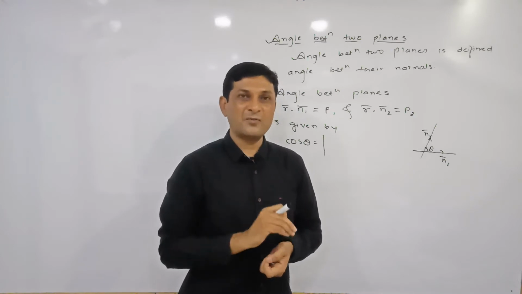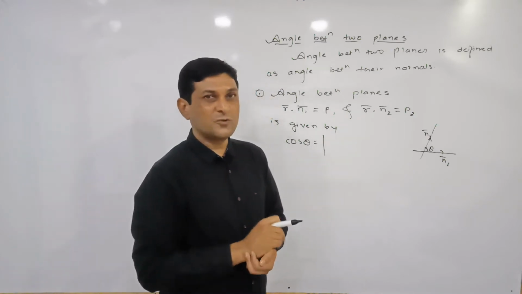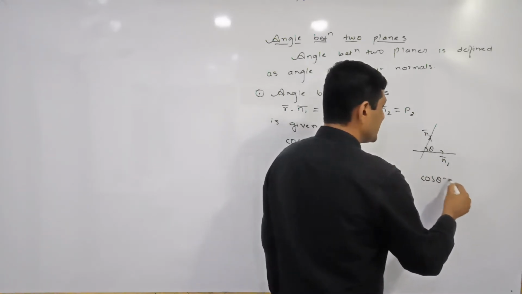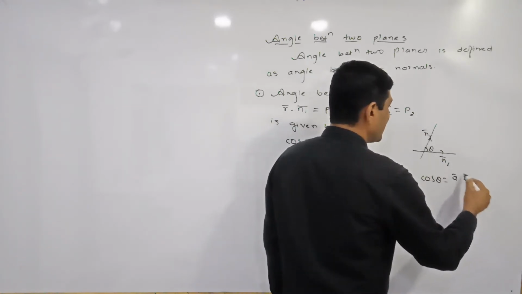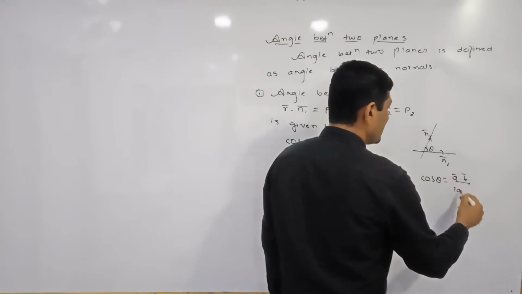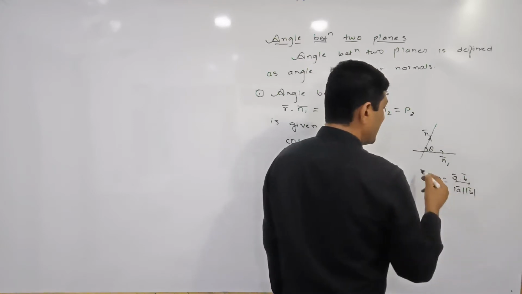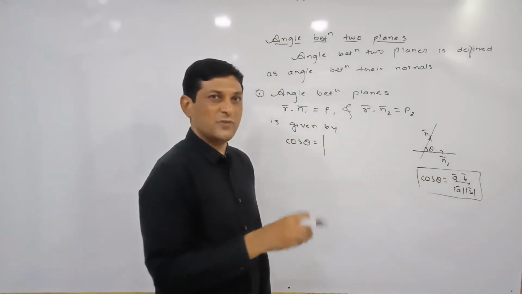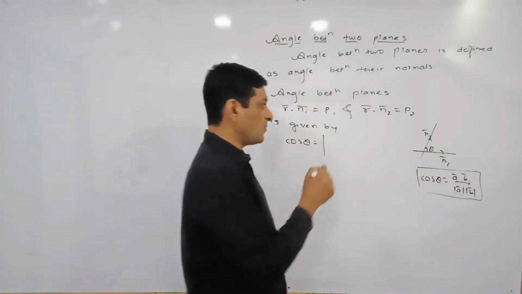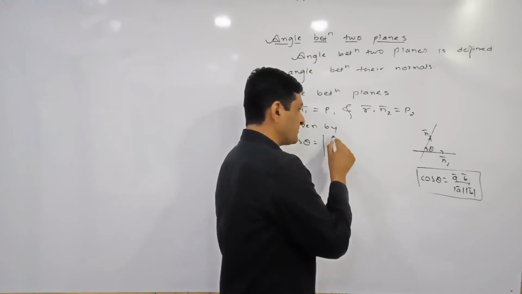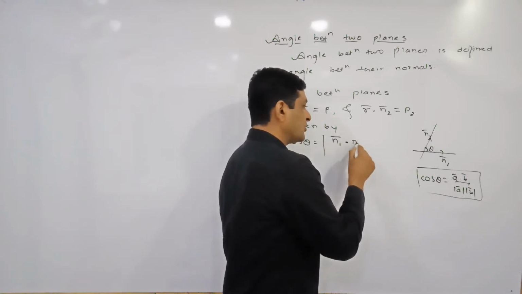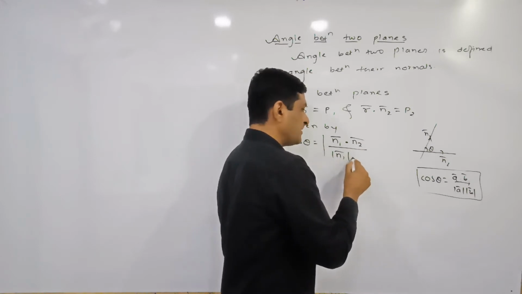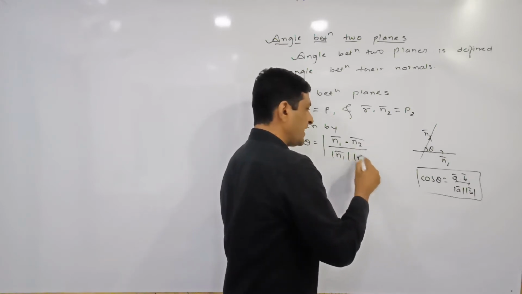We already proved one formula in dot product to find out angle between a bar and b bar. What is that formula? Cos theta is equals to a bar dot b bar divided by magnitude of a bar into magnitude of b bar. Applying this formula, we are able to find out angle between two vectors, and here two vectors are n1 bar and n2 bar. So what we'll get here? N1 bar dot n2 bar divided by magnitude of n1 bar into magnitude of n2 bar.